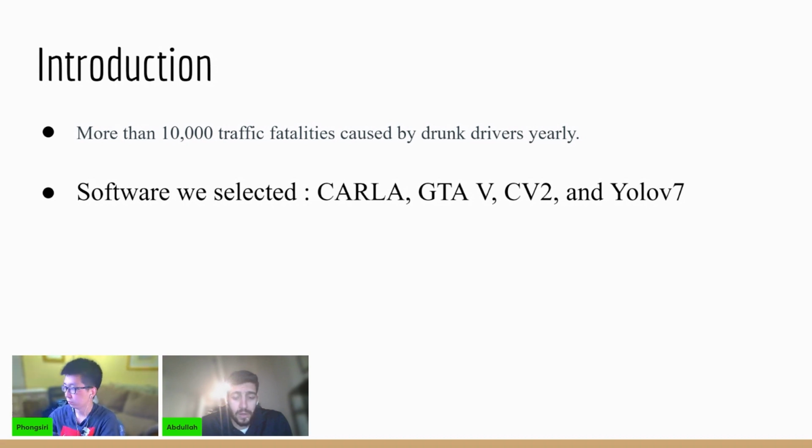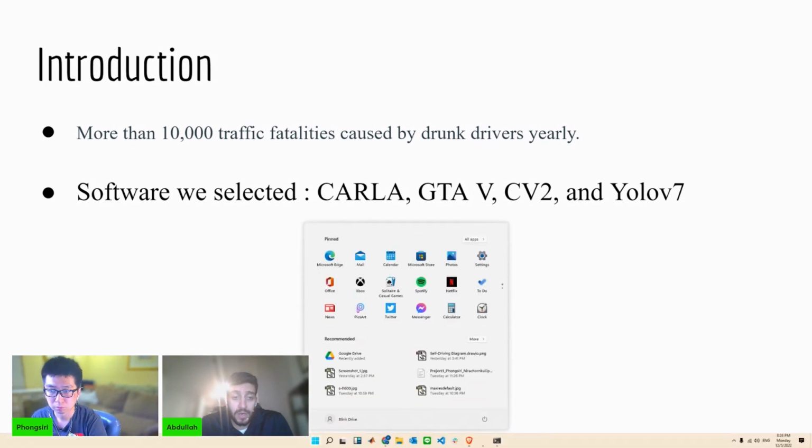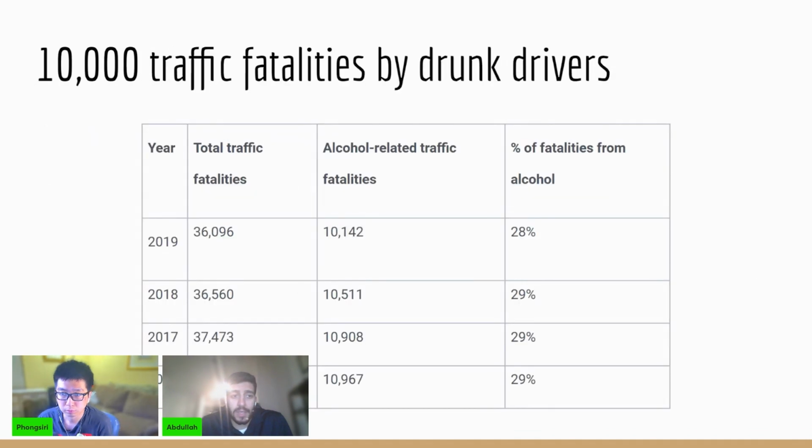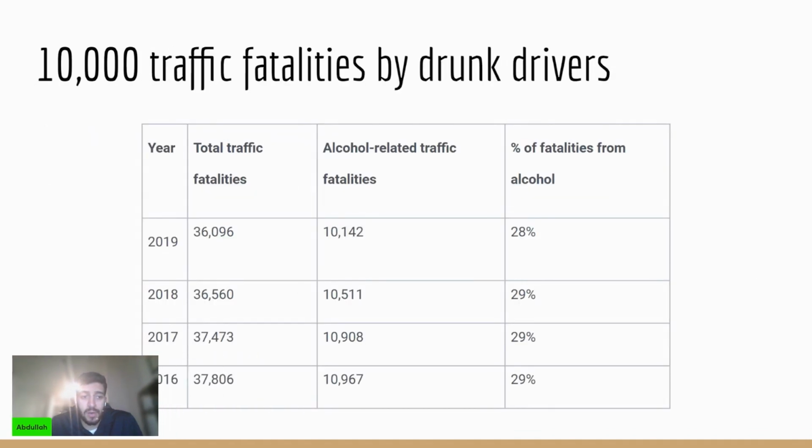So self-driving will be a useful system to reduce fatalities. We used different software to simulate it, on CARLA and GTA V, like CV2 and YOLO 7. As you can see here, this is the study that I was talking about.